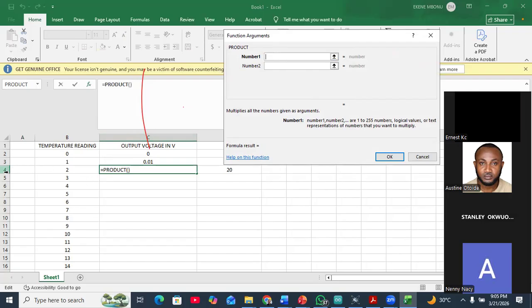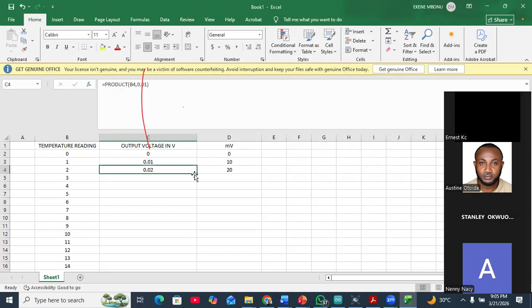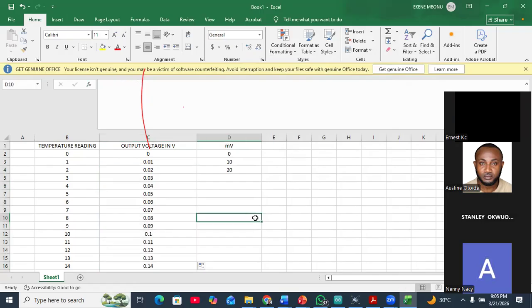This is C4 now. That's B4, right? Yes, sir. Then we multiply B4 by 0.01. And then we just drag it. We are giving it an equation. Is that correct? Yes, sir.